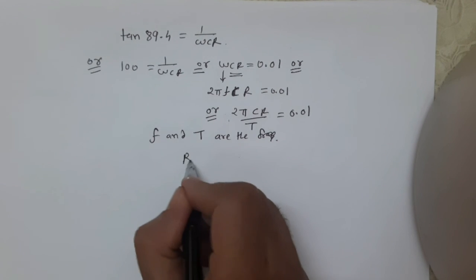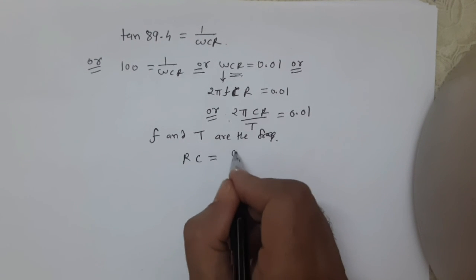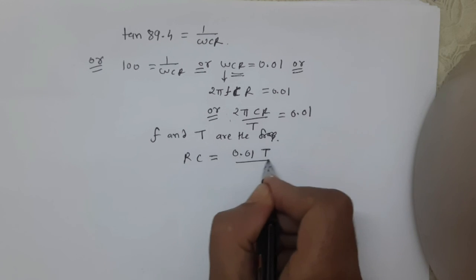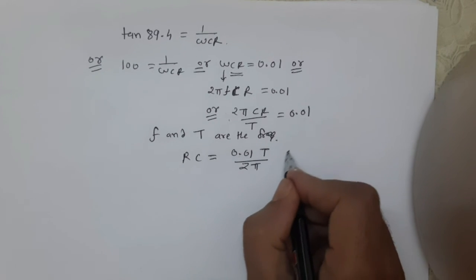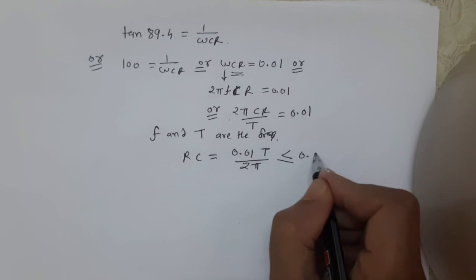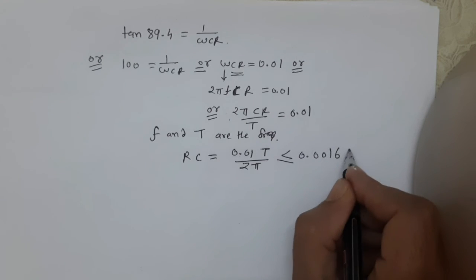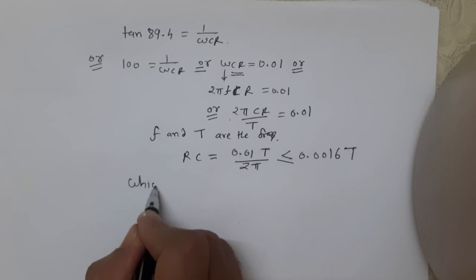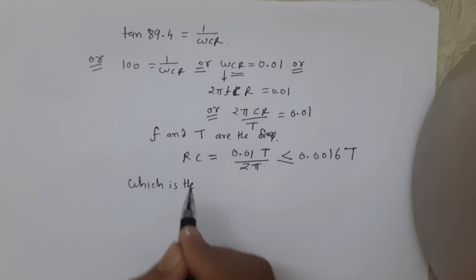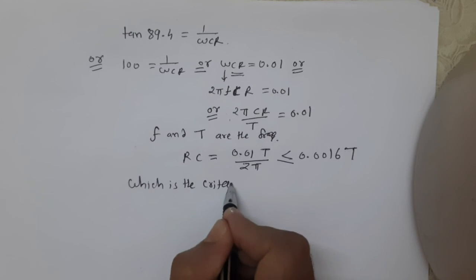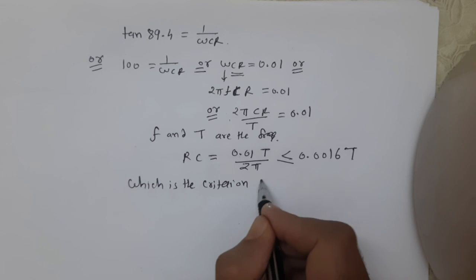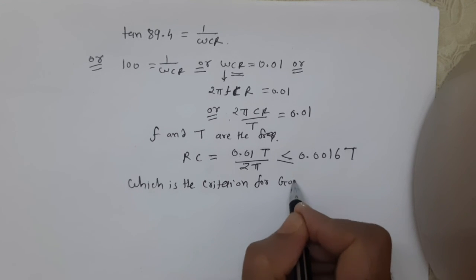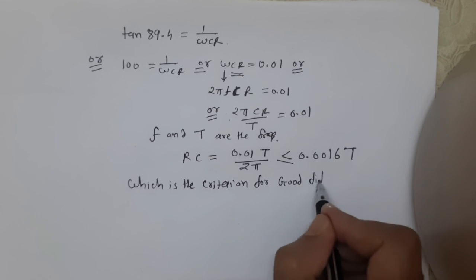Hence, RC is equal to 0.01 T upon 2 pi, which is approximately 0.0016 capital T, which is the criterion for good differentiation.